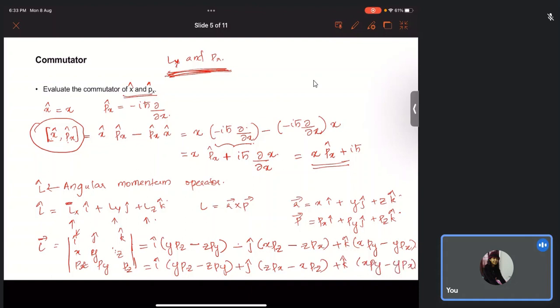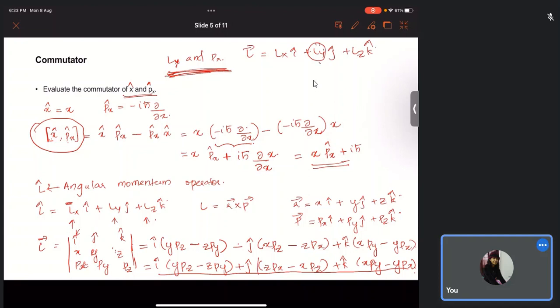This is equal to the L vector, so that will be Lx i cap, Ly j cap, Lz k cap, and we are supposed to get Ly.